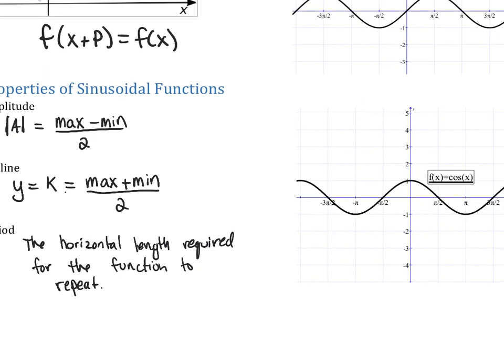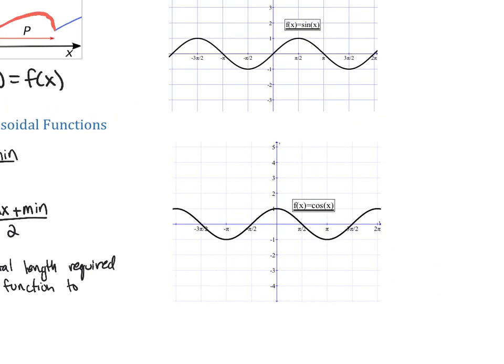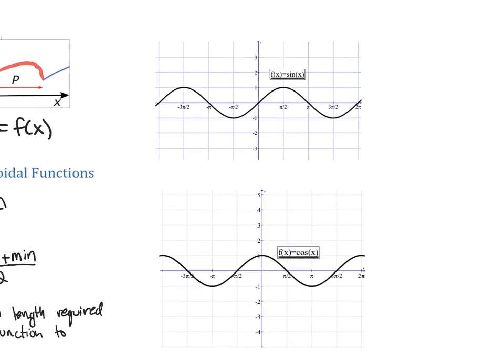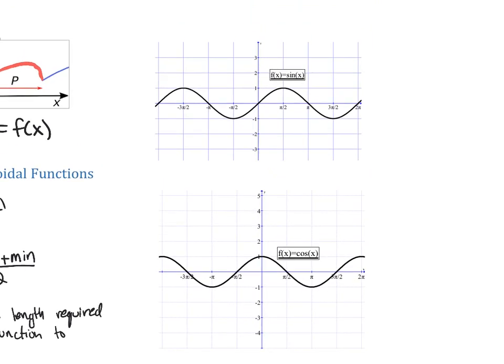And for your reference, we've got the sine and the cosine graphs here. We can see that our sine graph has a period of 2 pi, and one period of the sine function starts at the midline, goes up to the maximum, back down to the midline, down to the minimum, and then back up to the midline.